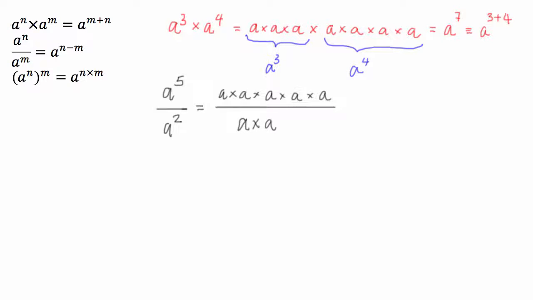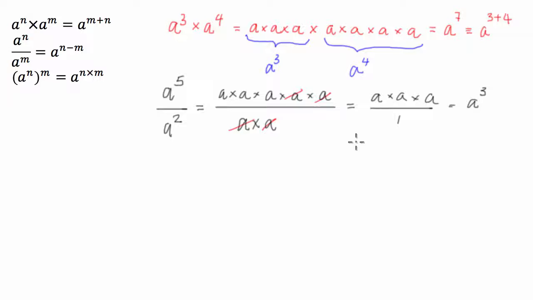Now, because these are all multiplications, we can cancel out some of these. So this will cancel out to make 1, and so will this. What we're left with is a times a times a over 1, which is equal to a to the power of 3.